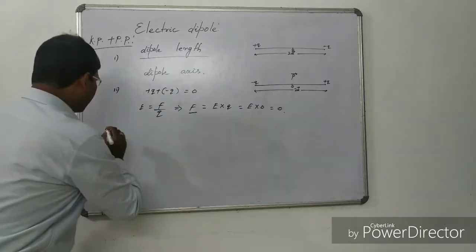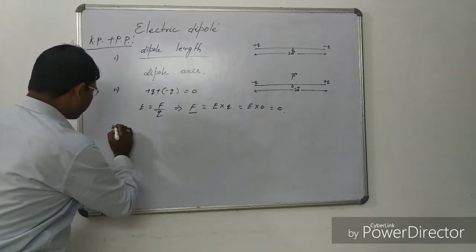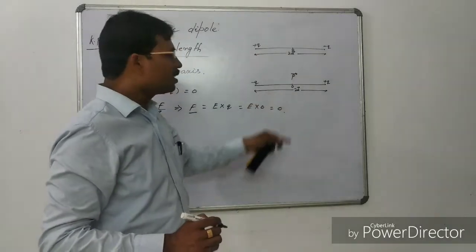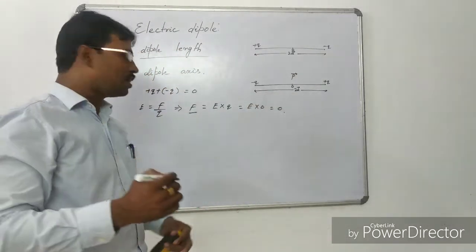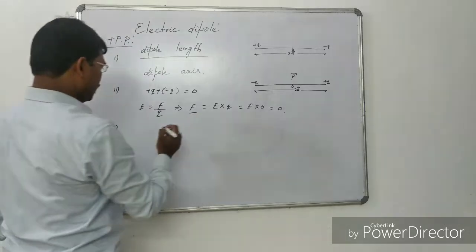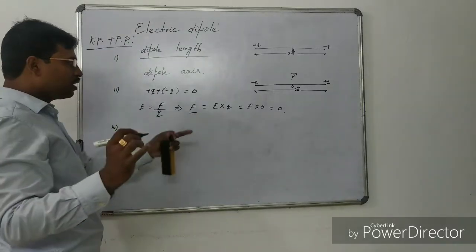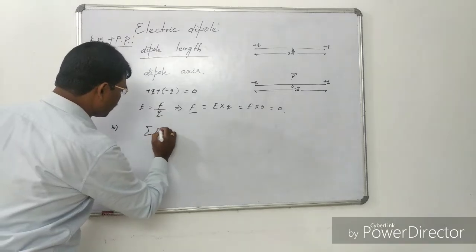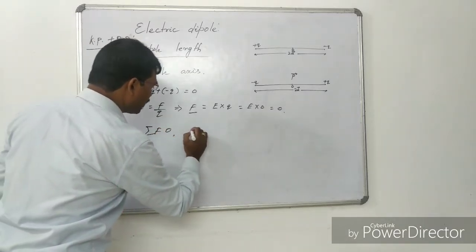Then in third point, if we will place this electric dipole in a uniform electric field, so what will happen? So net force is 0, but there is some torque.